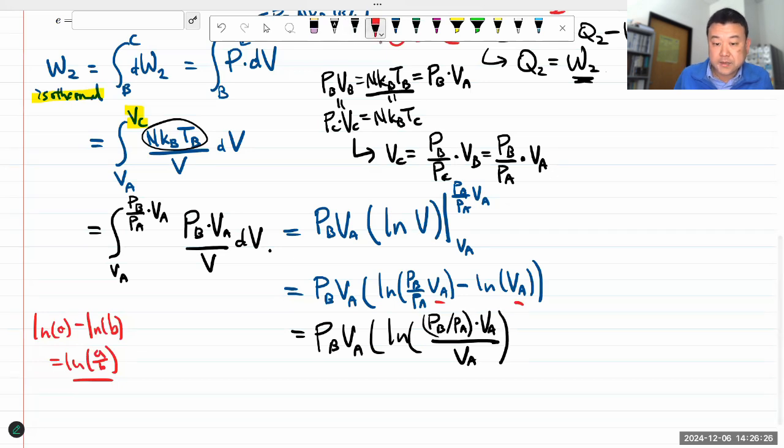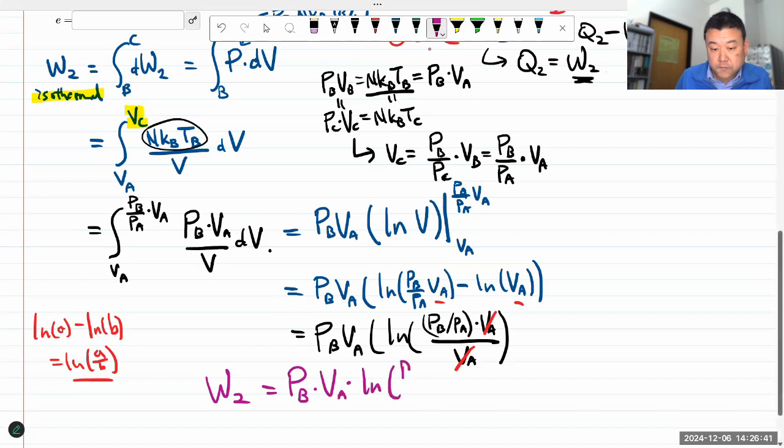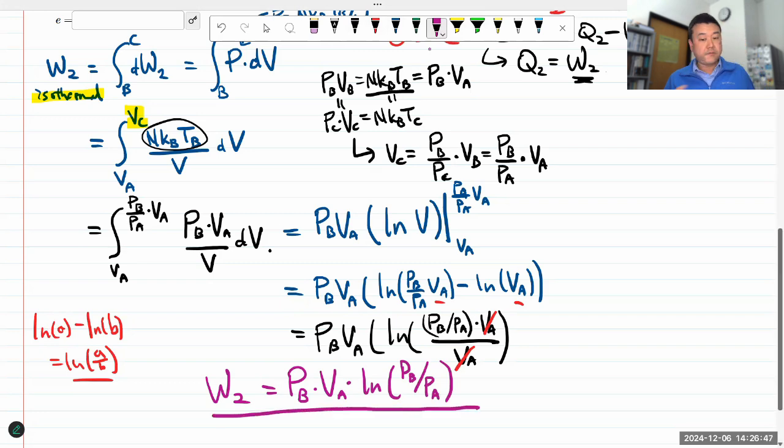So VA's cancel out, and you get this super simple expression for the work done in process 2: PB times VA times natural log of PB over PA. And this is all in terms of numbers we have. Very simple.